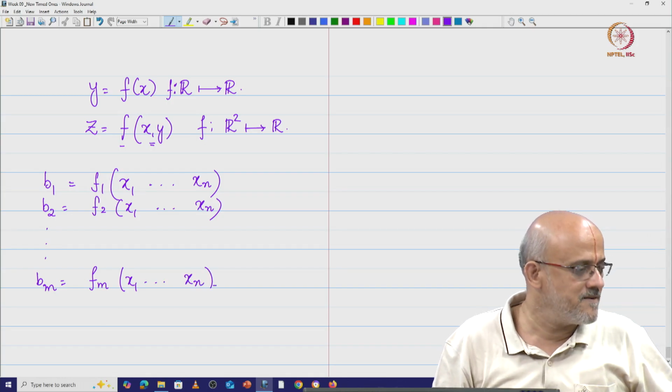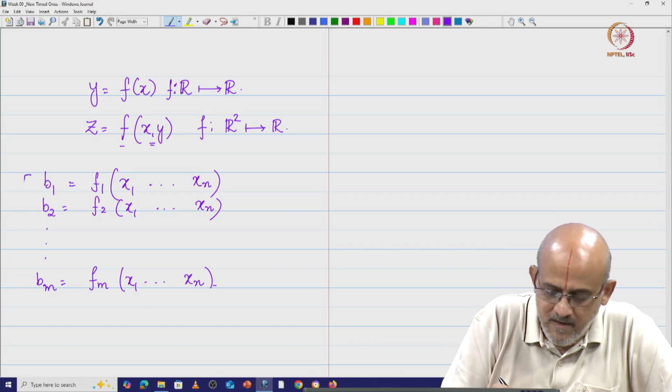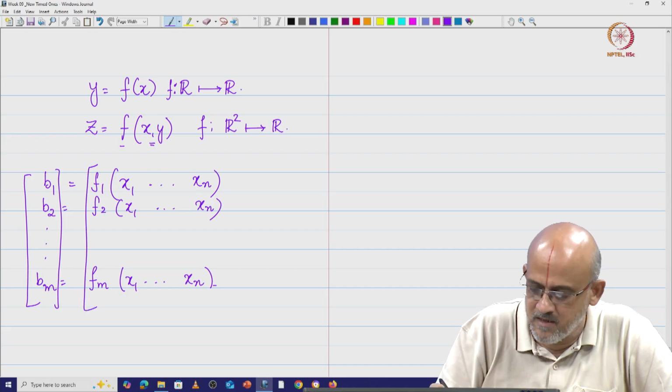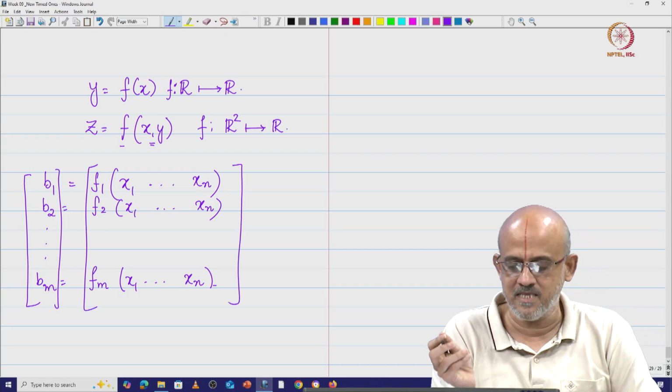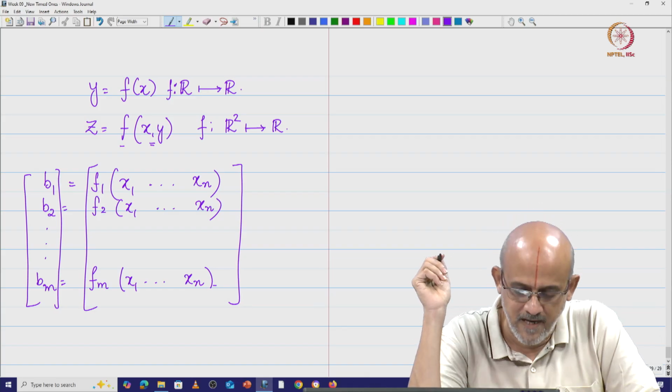Now what does that actually mean? This simply means we are going to have a vector valued function here. So you are going to get a vector, which is a collection of functions which are themselves multivariate functions. This is what we have.